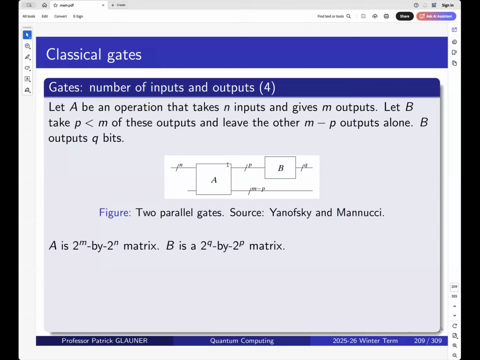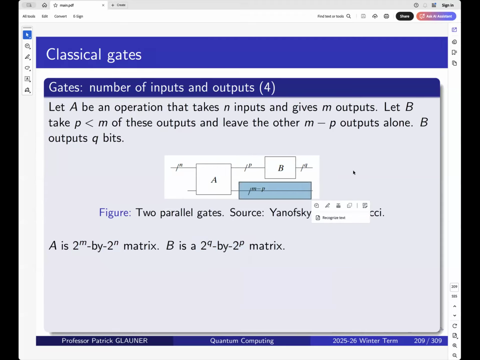A is a 2 to the power of m by 2 to the power of n matrix, because n many inputs, m many outputs. B has Q outputs and P inputs.